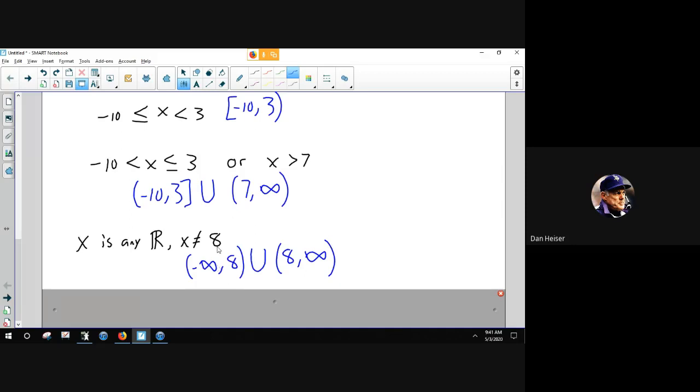So this 8 is treated like a pause. We're good from negative infinity, so as far as the most negative number we can think of, all the way up to 8, but then don't include it, stop. And then we start from there and continue onward.